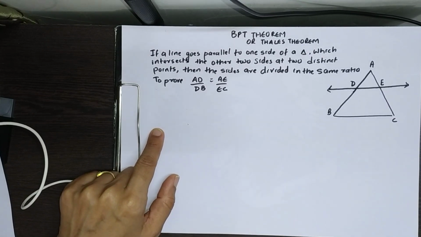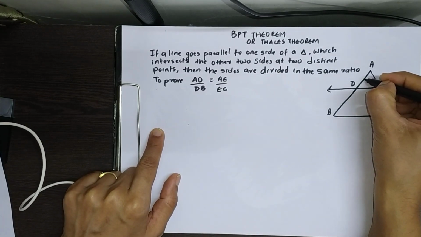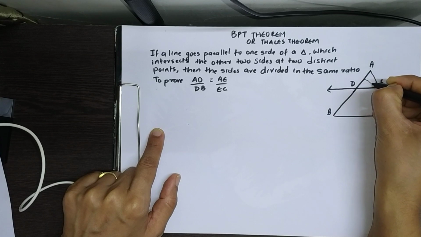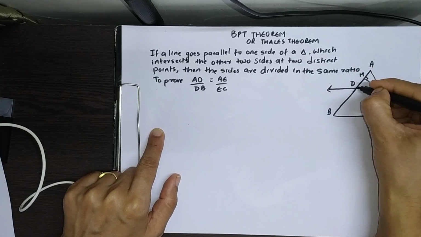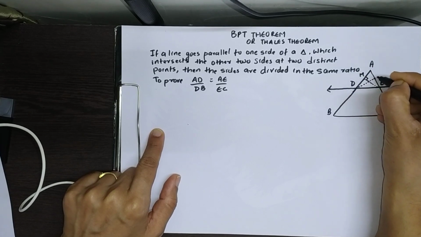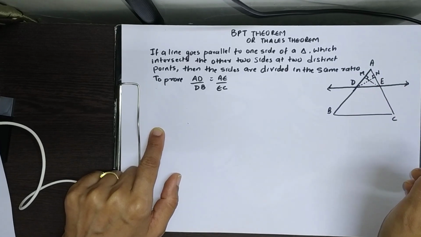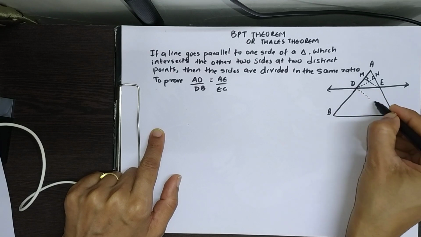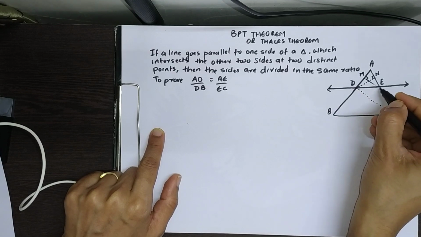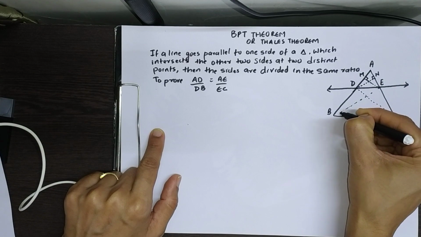To prove this theorem, we need a construction. Construction is, we have to draw this perpendicular EM. Let's say this point be M, and I am drawing another perpendicular, that is DN. So I have drawn two perpendiculars and one more construction is required. I am joining DC and BE.